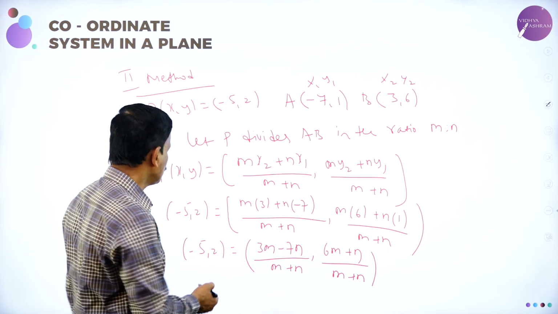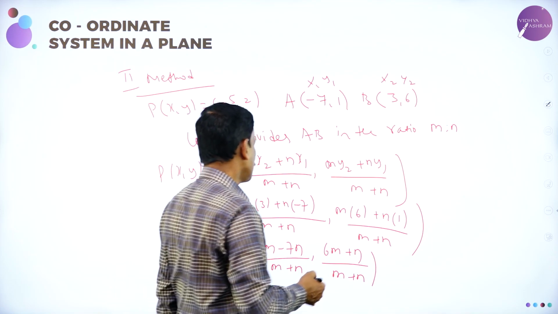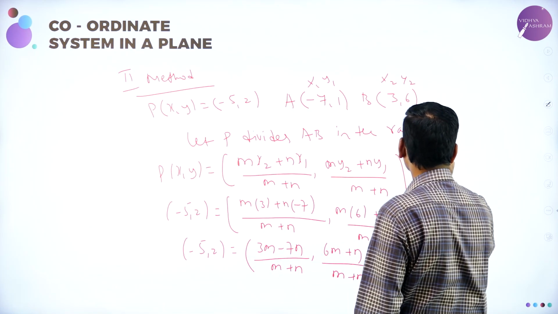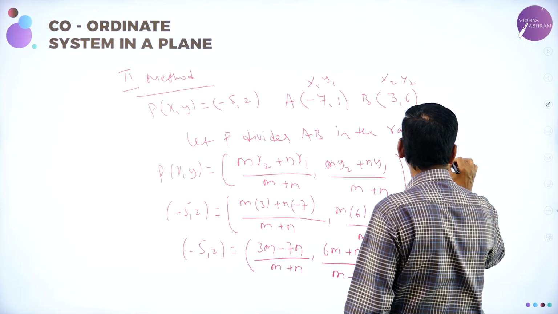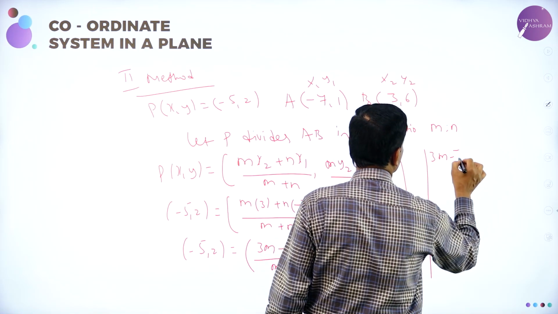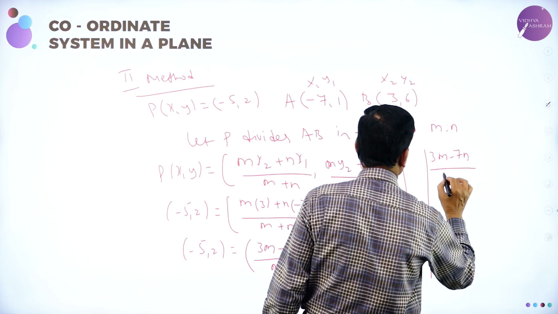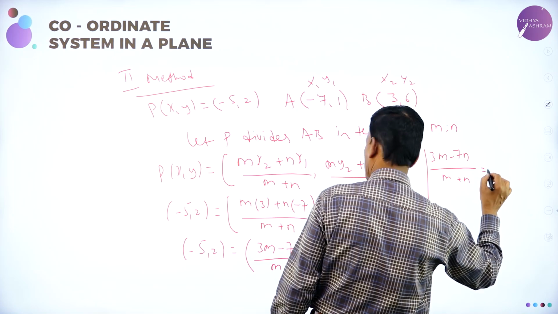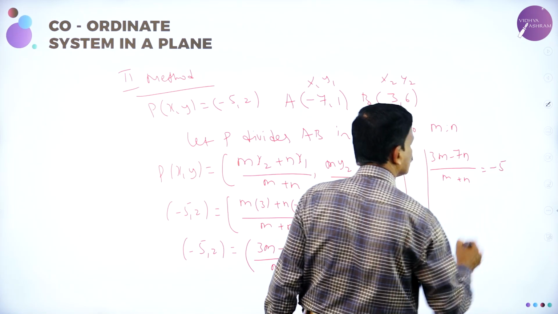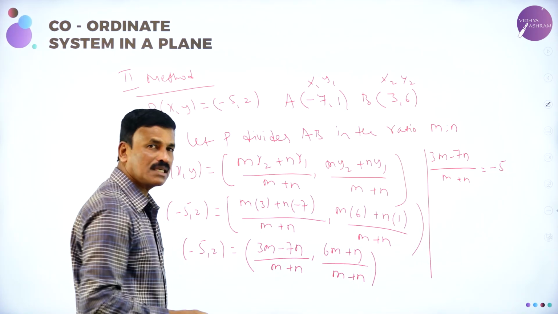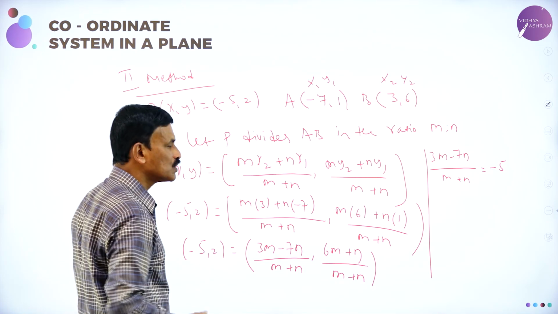Now, equate the x and y coordinates. So (3m - 7n)/(m + n) is equal to -5, and similarly (6m + n)/(m + n) is equal to 2.